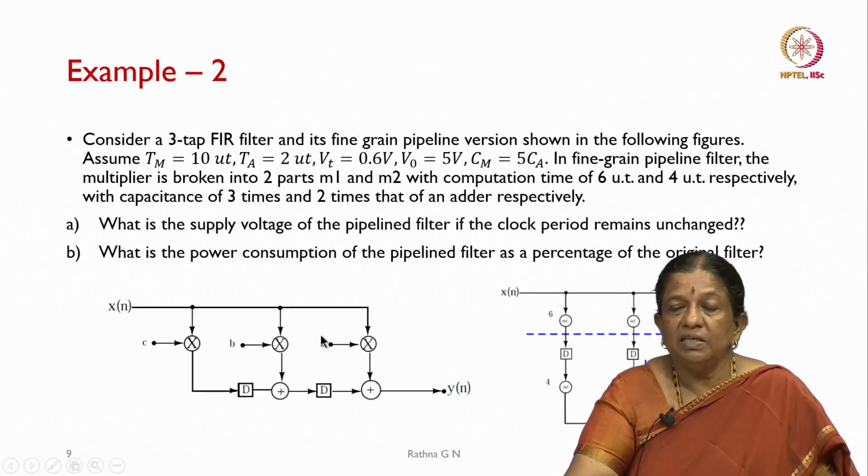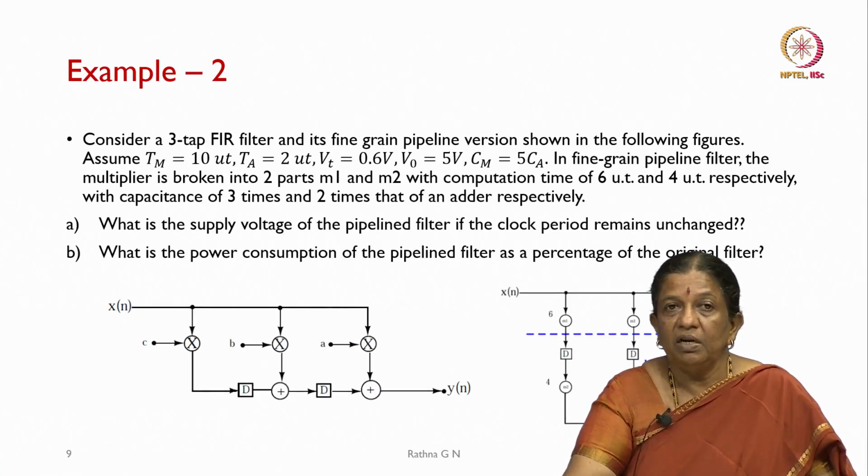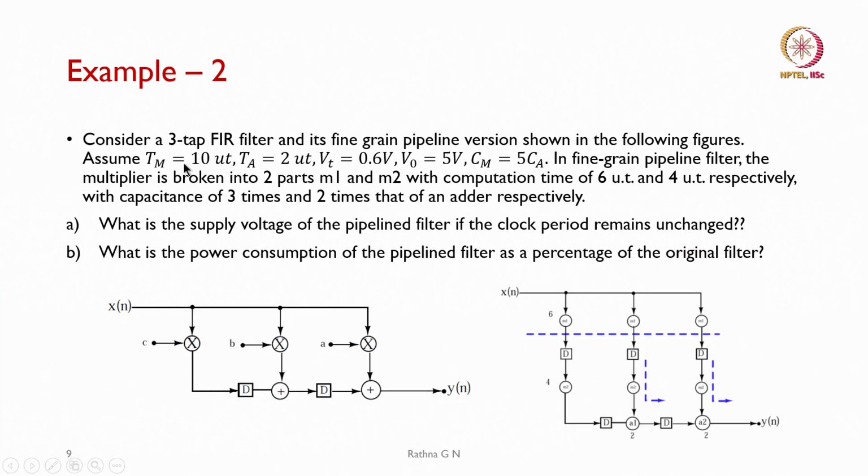So, we will consider an example here. We will consider a 3-tap FIR filter and its fine grain pipeline version. It is shown in the following figure: this is the original 3-tap FIR filter, and this is the fine grain parallelism we have considered.